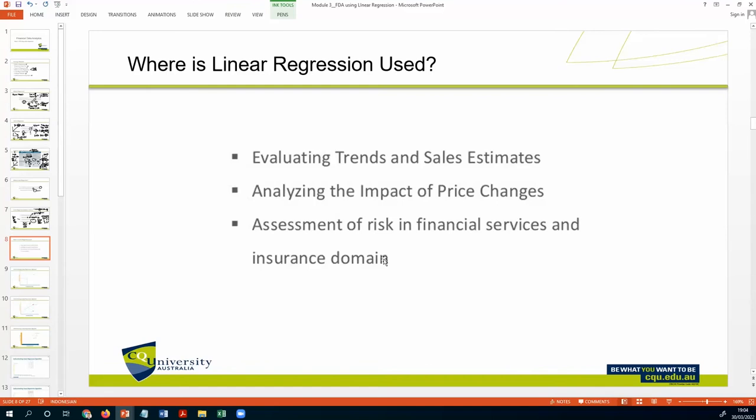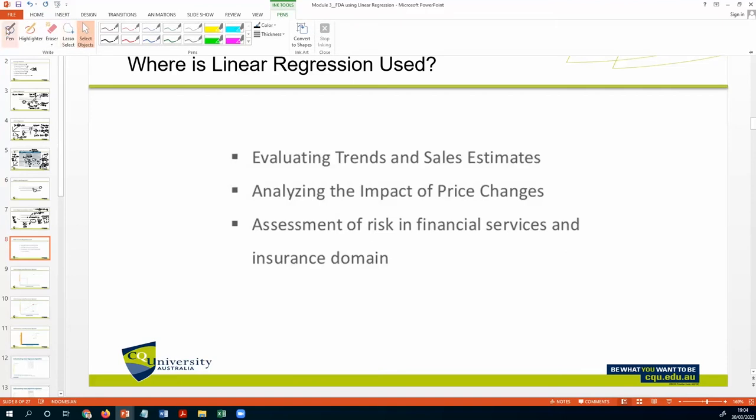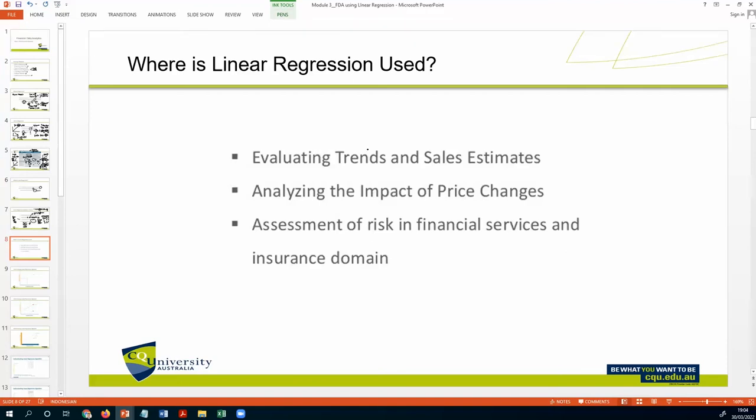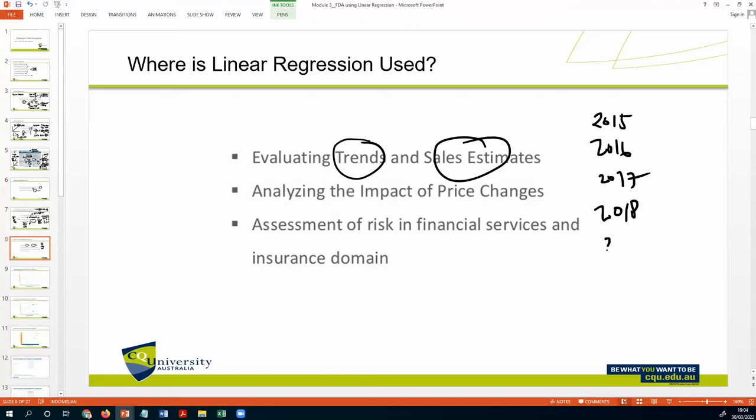Where is linear regression used? We can use linear regression for evaluating the trend and sales estimates. In finance, you can estimate sales using linear regression. Let's say the years 2015, 2016, 2017, 2018, 2019, 2020, 2021, 2022.